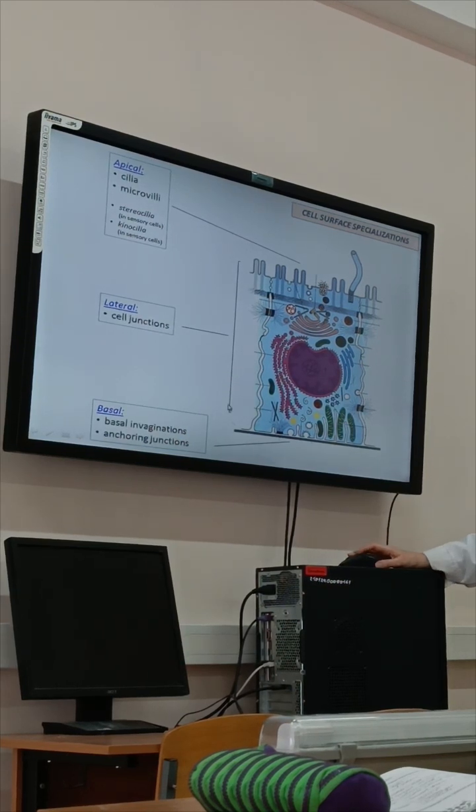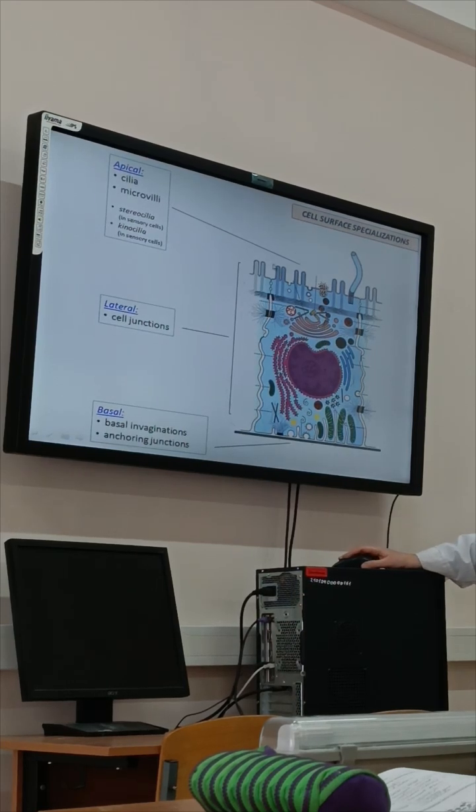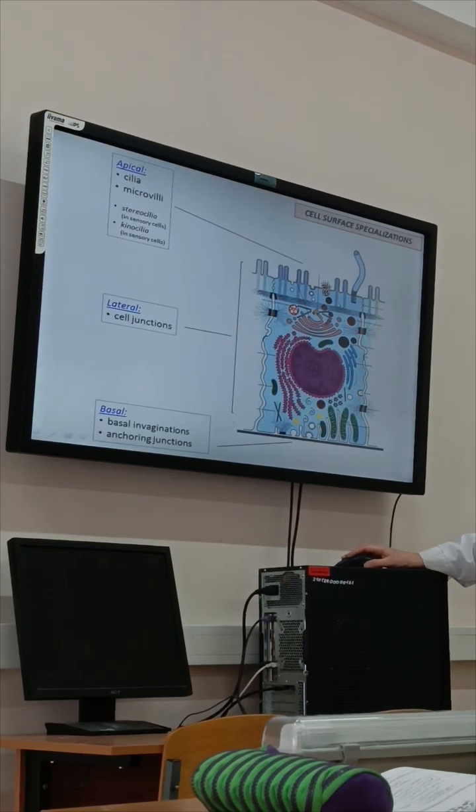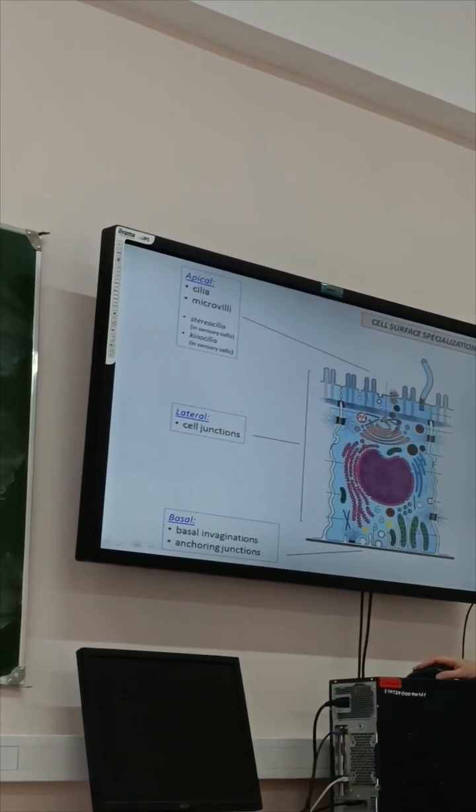Now, some words about the cell surface specialization. Because the basal membrane takes part in polarity of the cell, and as I said, we identify basal, apical, and two lateral surfaces, we identify cell surface specialization. On the apical surface, we can find cilia, and in some cells, microvilli.